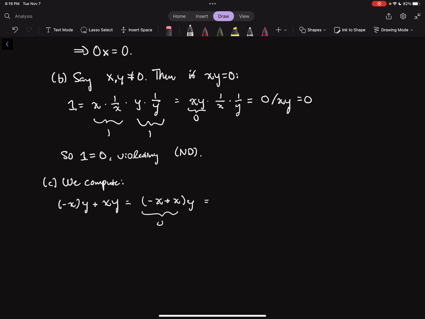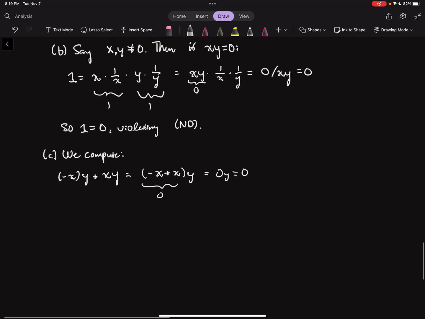Well, this is 0 equals 0y, which is just 0. So this shows that this and this are additive inverses for one another. So, in particular, this must hold.